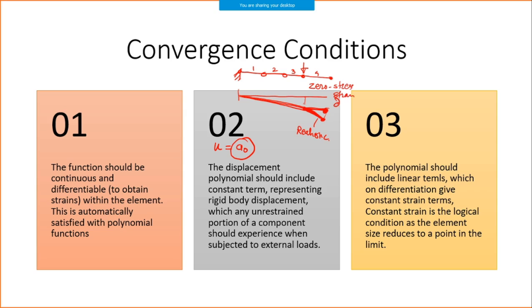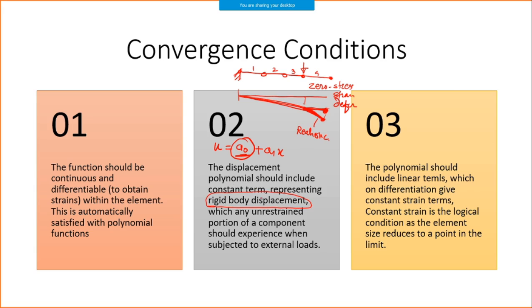But it should move, and that is taken care of by this constant term. So there should be one term in the polynomial that represents rigid body displacement, and that's the second condition that should be satisfied whenever we are assuming these polynomial equations.